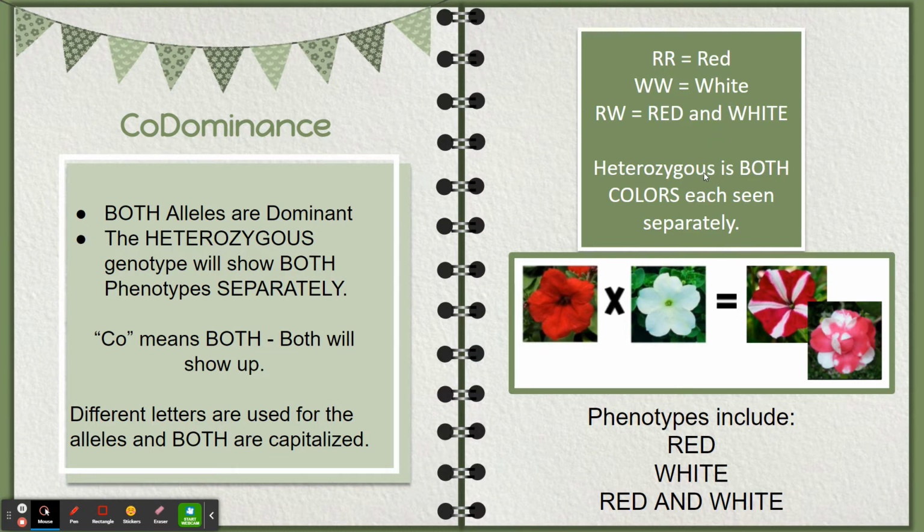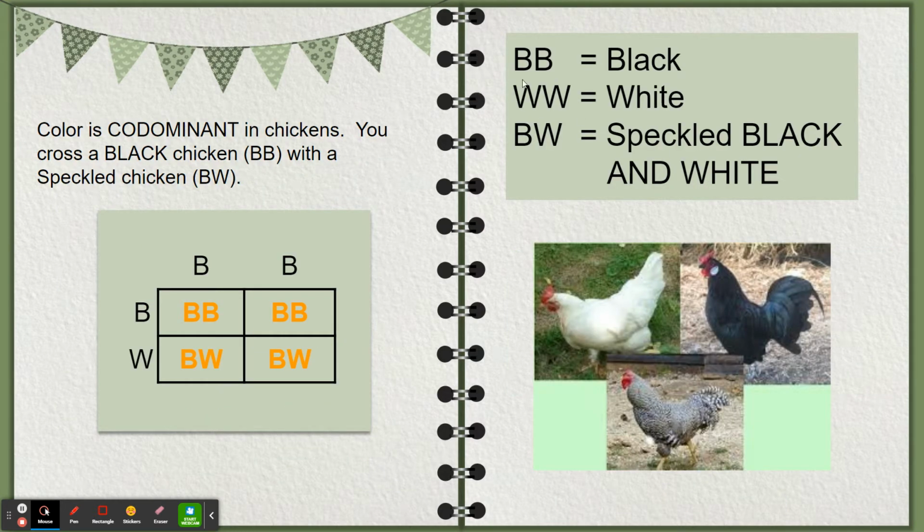For this type of dominance, codominance, we have an example. Here is a black chicken, which would be big B, big B. B is the black allele, but to have that black color in your feathers, you have to have two big Bs. The white is WW. The white allele is W, and to be white, they have to have big W, big W. But if you get one of each, because it's codominant and both show up, we see this speckled or striped pattern in the chicken feathers.